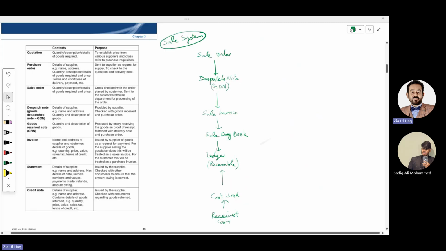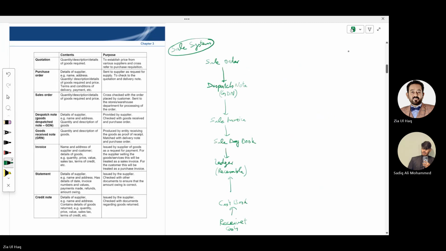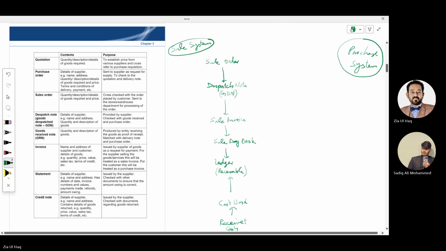Now let's discuss the purchase system, meaning what documents a company prepares in the purchase system. If we are placing an order to a supplier for purchase, we will prepare a document called a purchase order. And the company keeps this document in record.